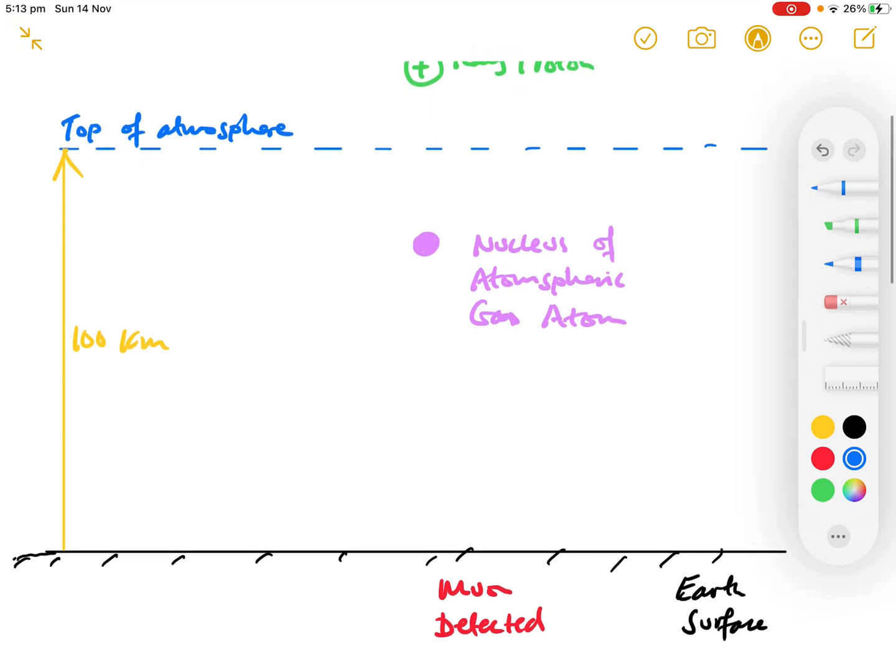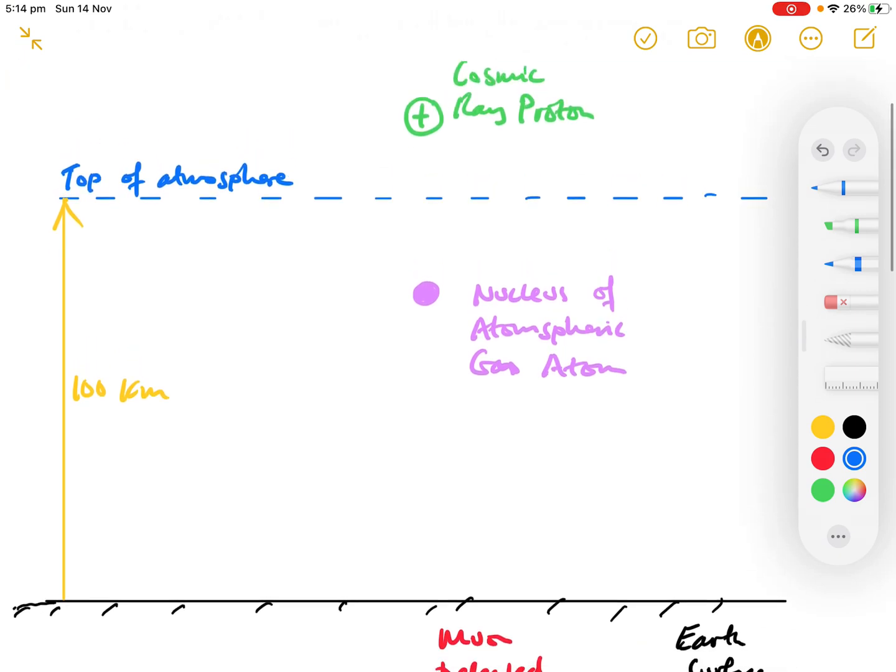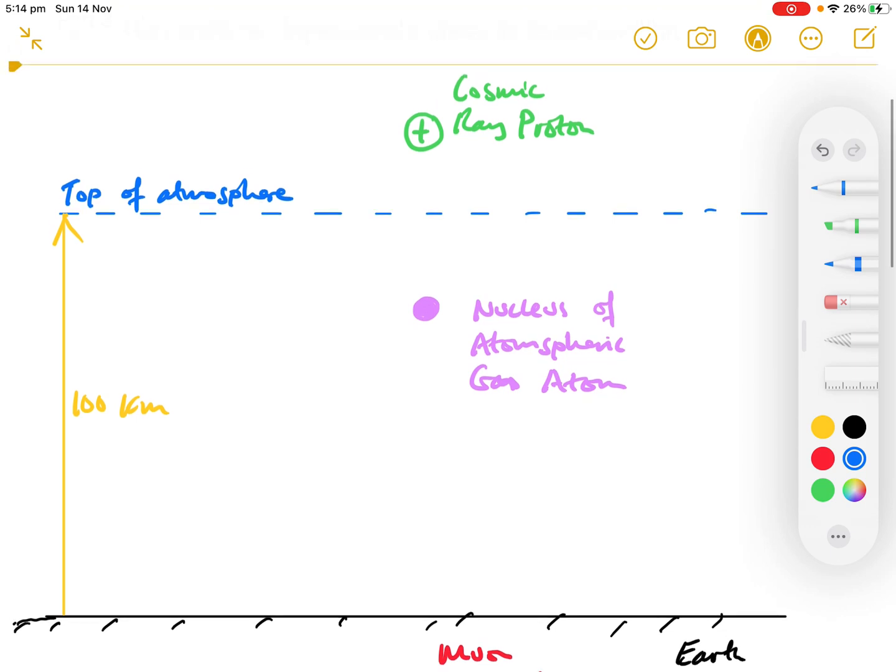That's about 100 kilometers up from the Earth's surface, approximately. There isn't a sharp dividing line at the top of the atmosphere, but we're going to assume there is one here.